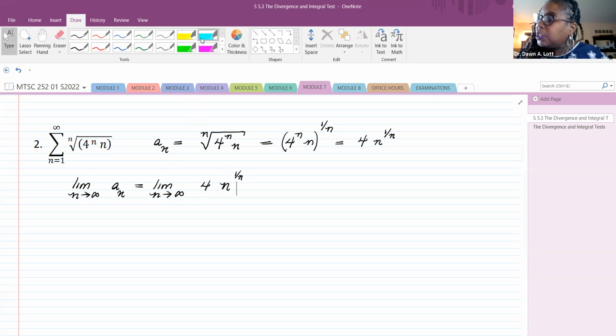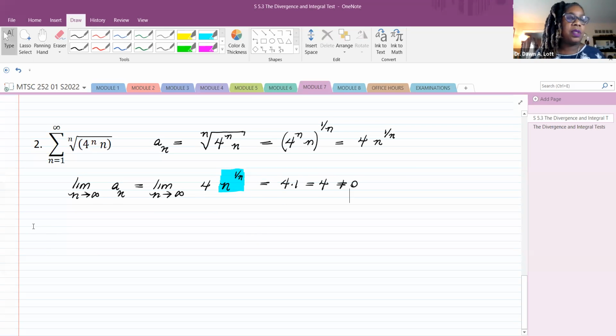Now, if you remember, this was one of those special limits. The nth root of n goes to 1. So this goes to 4 times 1, which is 4. That is not equal to 0, so this series diverges.